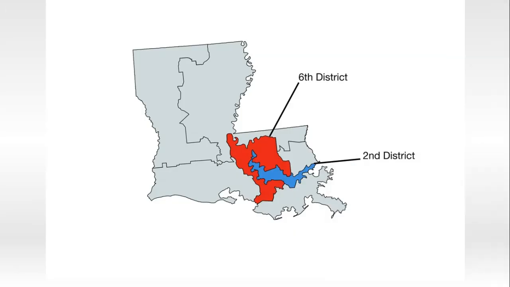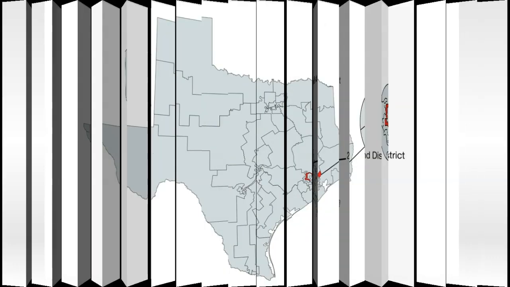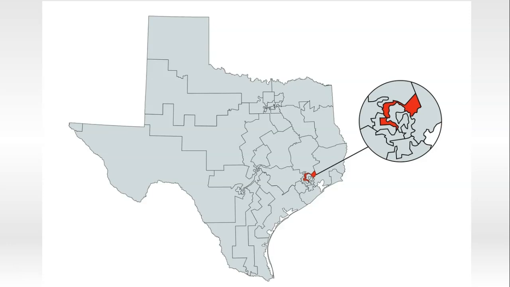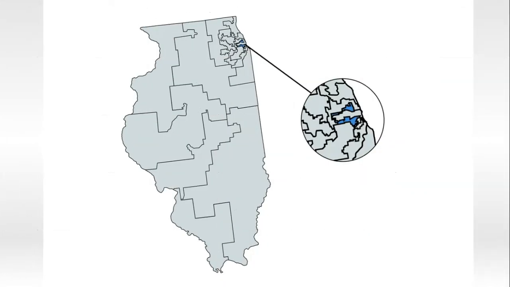Here is gerrymandering taking place in Louisiana. There's another good one here in Texas. Keep in mind as we're looking at these districts, each district gets one representative, and if you're living in that district, you have the same representative. So here's another example up in Illinois.